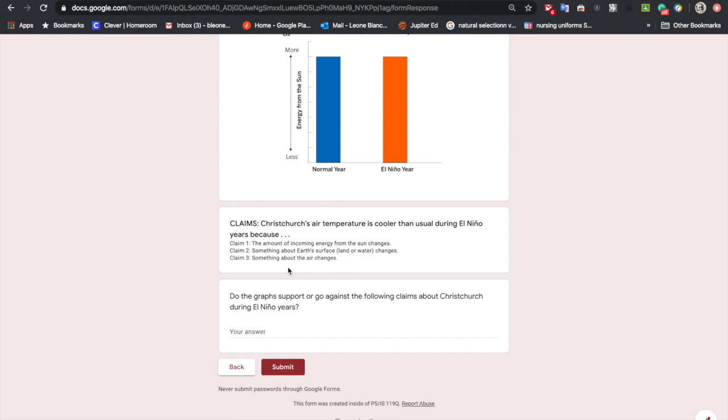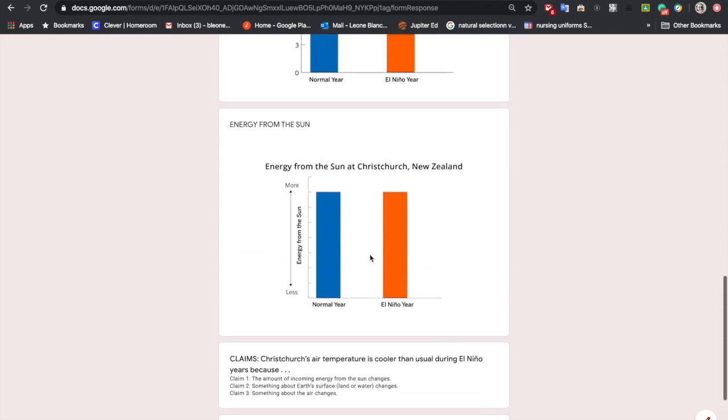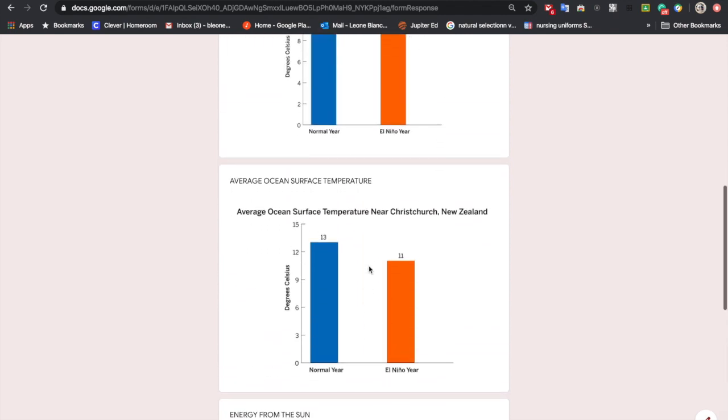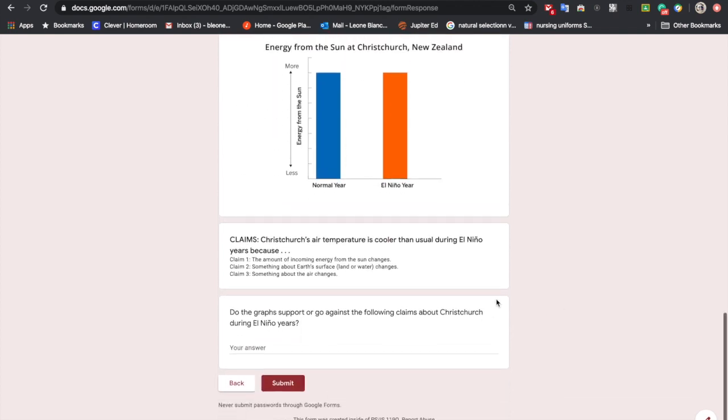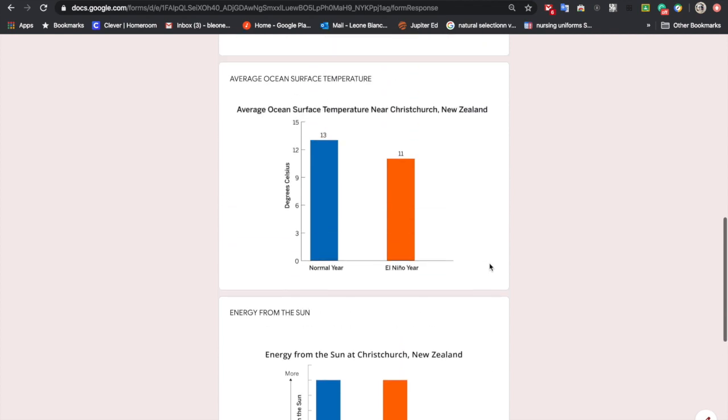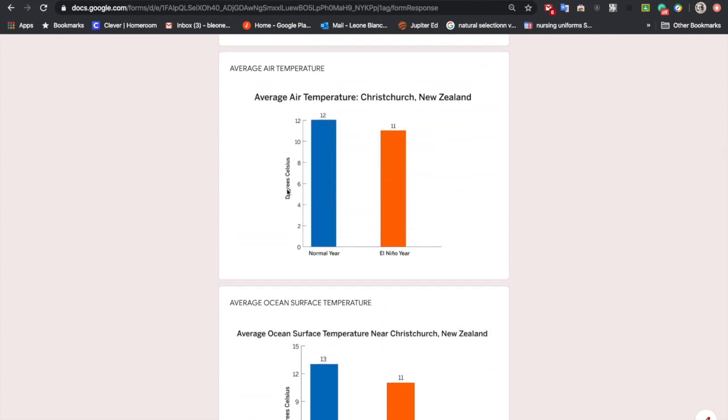Now, claim number 2 says something about the Earth's surface, land, or water changes. This actually might be supported based off of this graph. And then claim 3 is that something about the air changes. Again, not proving or disproving, but it does show that there is a change in air.